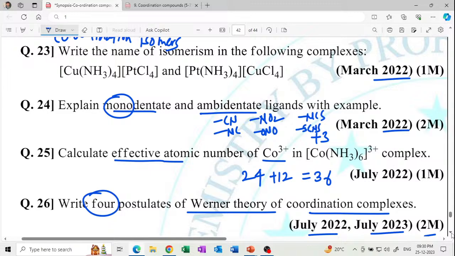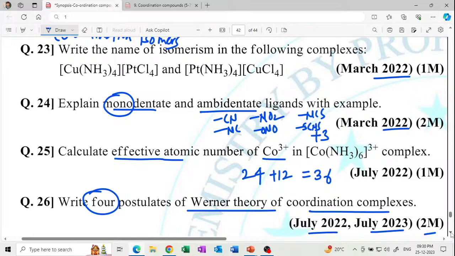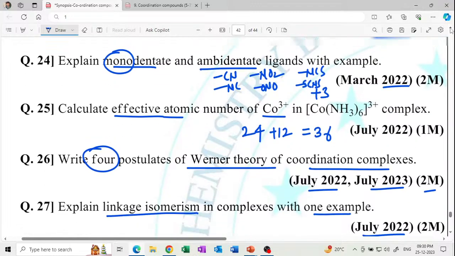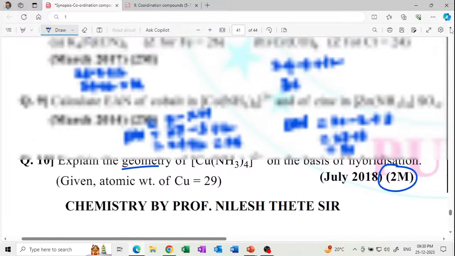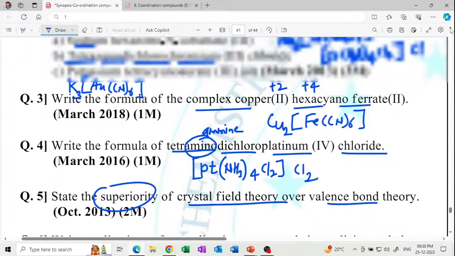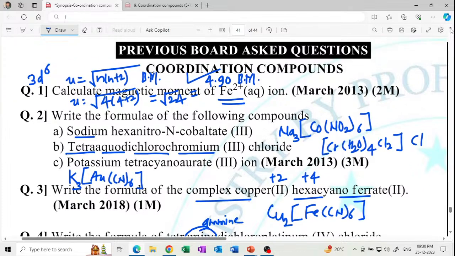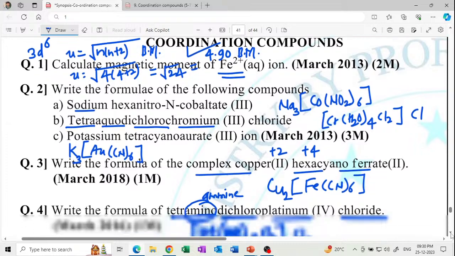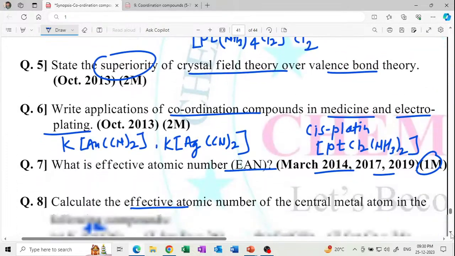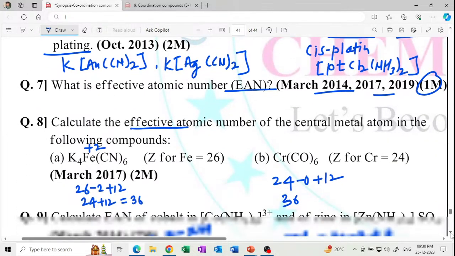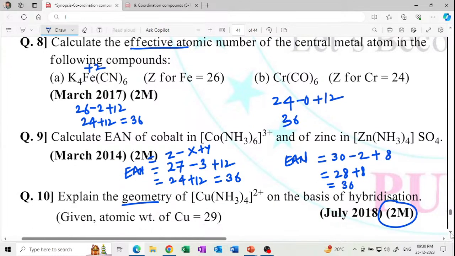Get it even? These are very important for your upcoming board exam. दिस आर व्हेरी व्हेरी इम्पॉर्टंट क्वेश्चन्स. हे सर्व क्वेश्चन सॉल्व करा. नोट्स थ्रू एक बेटर नोट बनवा आपण.